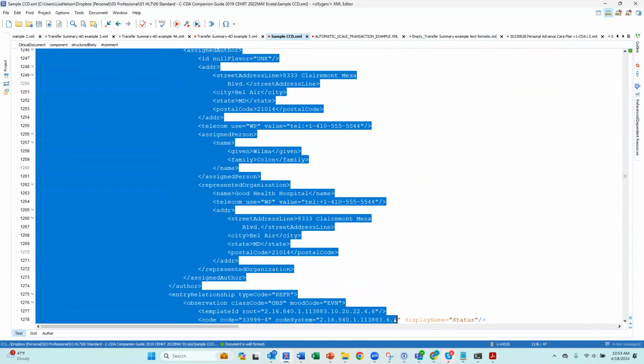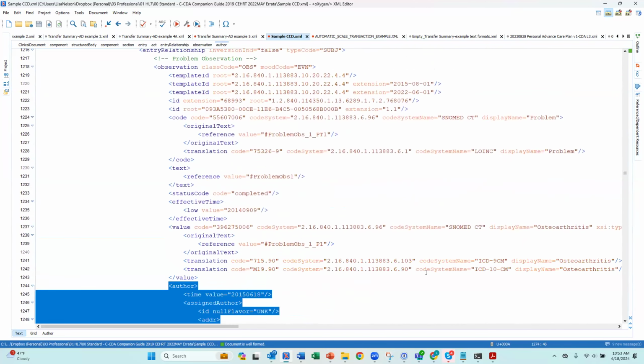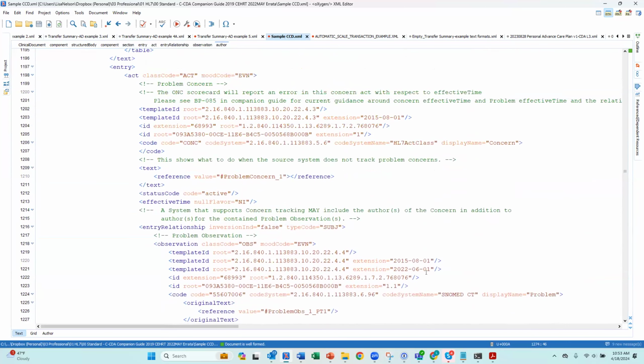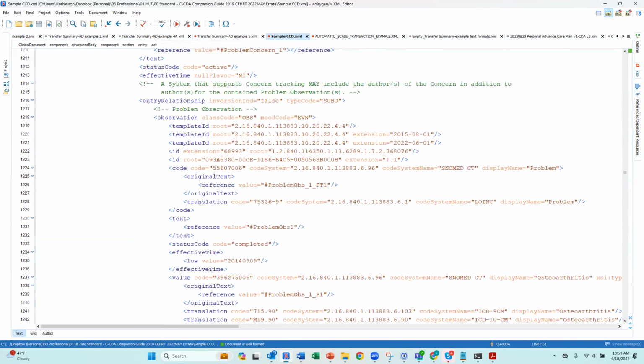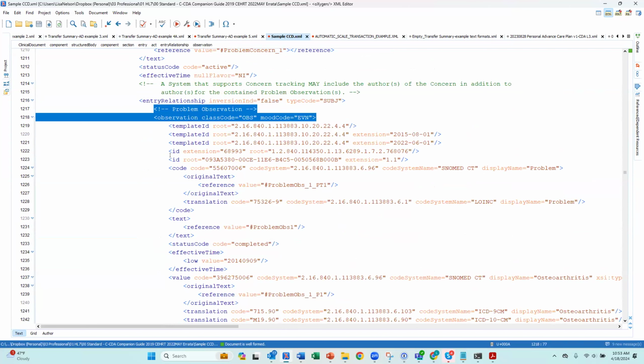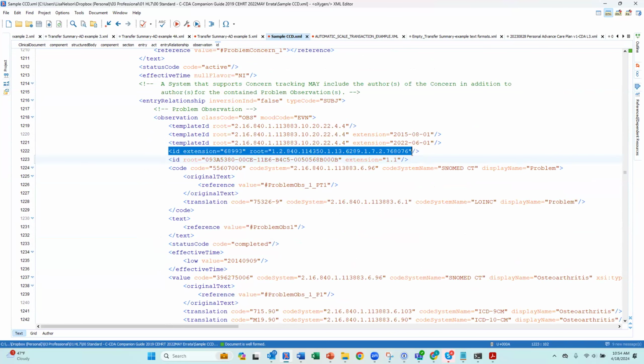And we've never explicitly said that actually the author of the concern belongs up here on the concern act. And the author of the problem observation should be whoever is the author of this identified actual problem. I don't know which of the IDs is the right ID to use. That's something else to talk about.